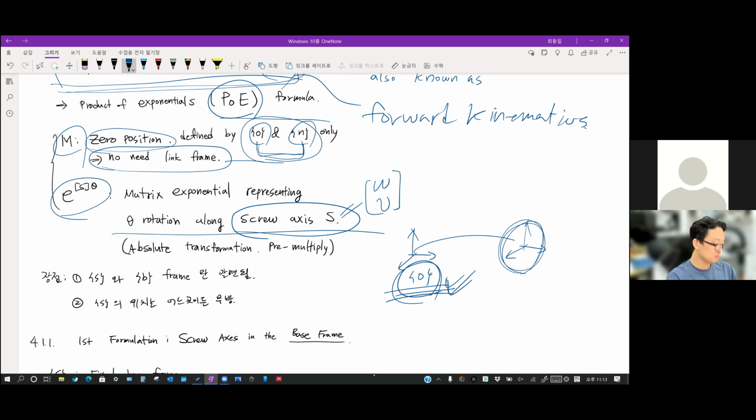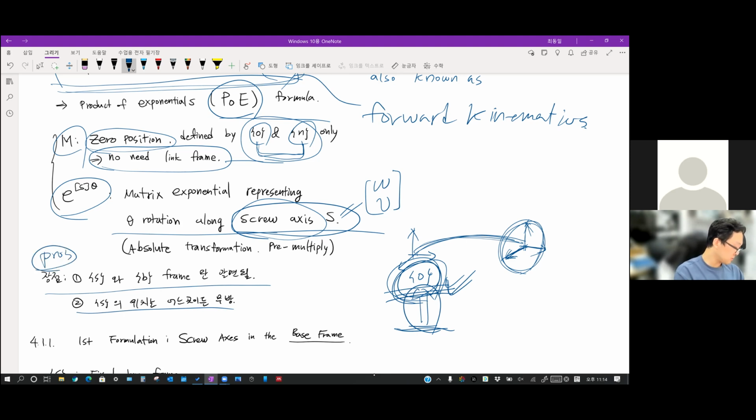When using the screw axis, we only need to think about some position difference about the zero position. Because the basis is always the same one, it is easier. So in here, I write down the pros in Korean.